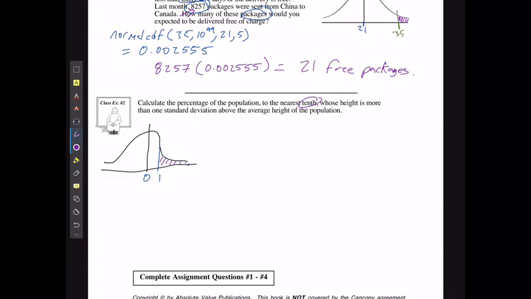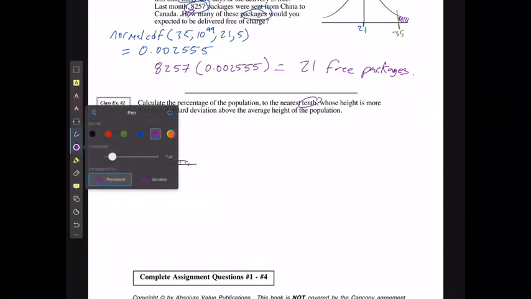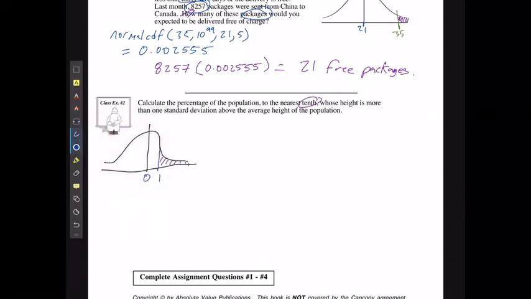Well, in this case, if I'm doing my standard deviations, then I'm just doing it based on the Z-score. I'm going to say my normal CDF is going to be the lowest point of 1 going up to 10 to the power of 99.